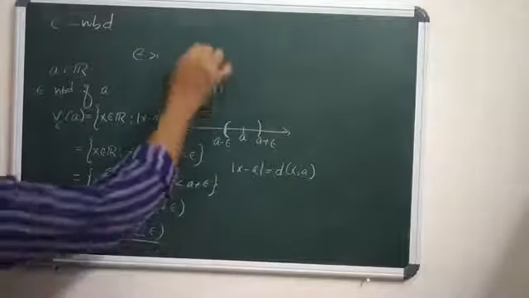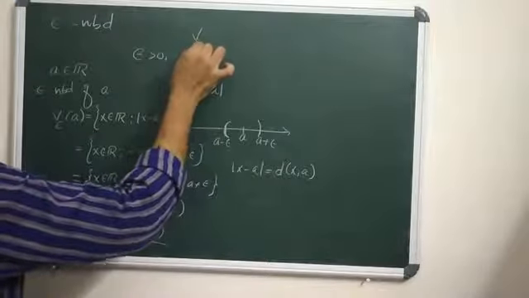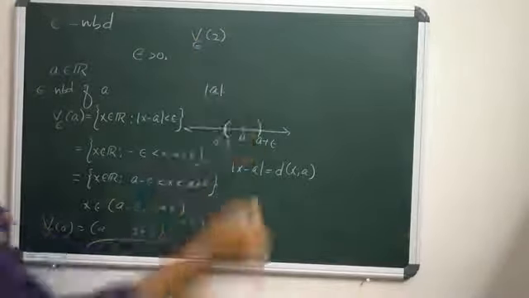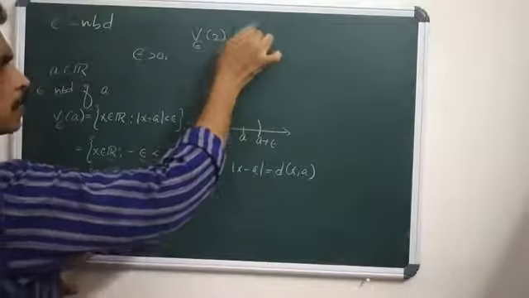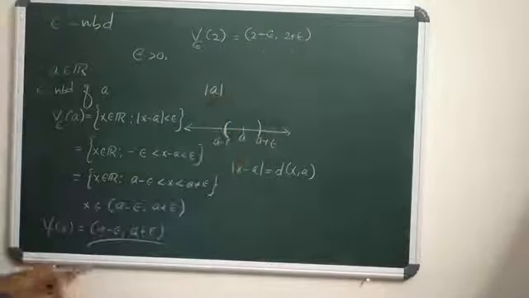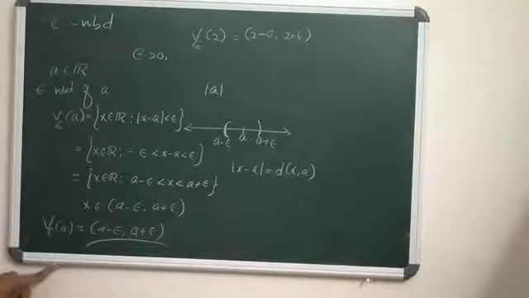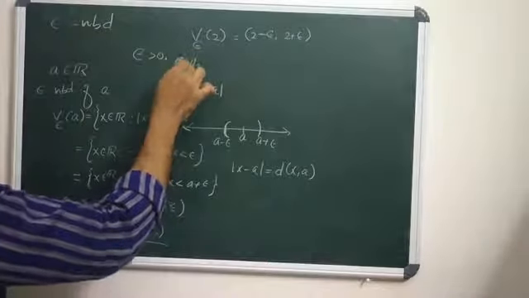So what about the epsilon neighborhood of 2? According to this argument, it is the open interval 2 minus epsilon, 2 plus epsilon, because V epsilon of A is this one. Suppose epsilon is half.